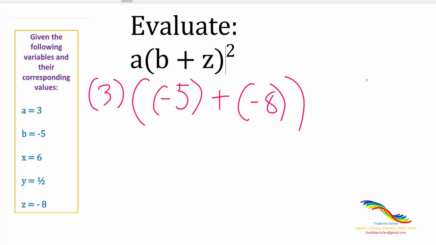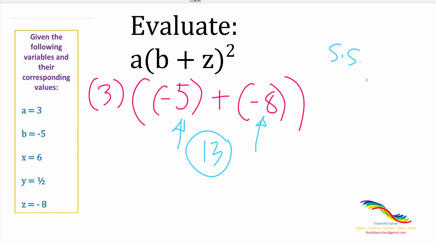So let's focus on these two items, -5 plus -8. We are adding items of the same sign. What do you do when you add items of the same sign? You take the sum, which in this case is 13, 8 plus 5, and you follow the rule. Do we remember the rule?